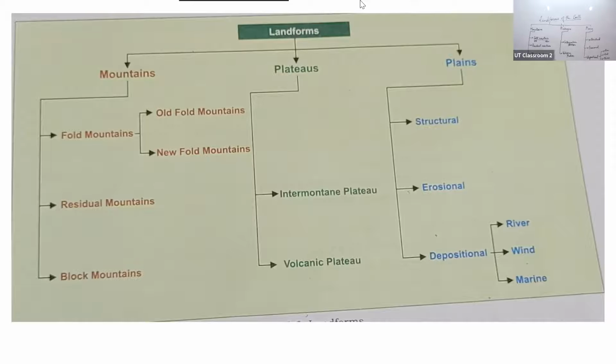Book. अभी कुछ आंसर लिखो फ्रॉम द रिसोर्स बुक. Some you can do now. What diagram you want to draw? Block mountain. No. No. 7 minutes.